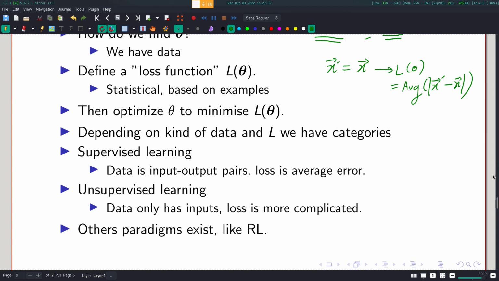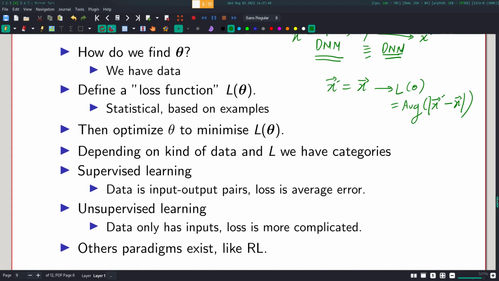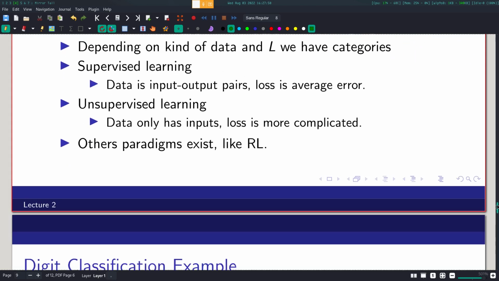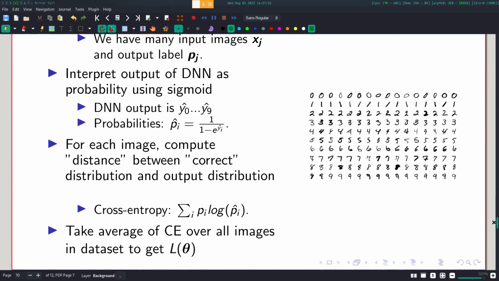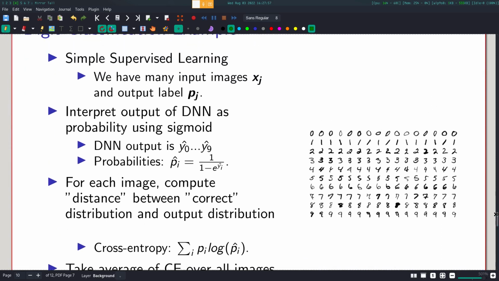We're not trying to train them, so I'm not going into all of the other kinds of machine learning paradigms that are there. So if that is okay, then let's see what this supervised learning framework looks like for our image or digit recognition example. Is that okay?